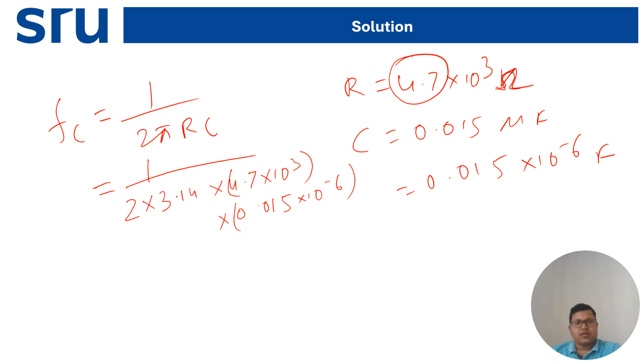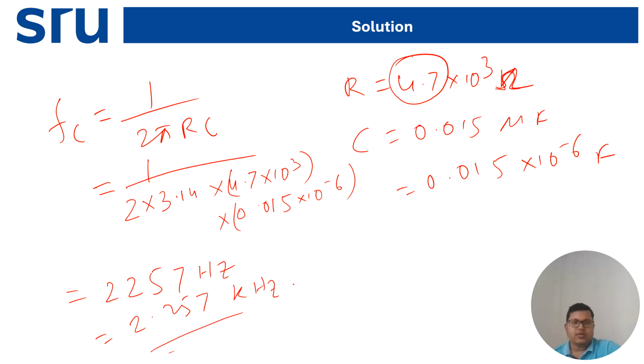If we solve all this, the value will become 2257 hertz, and if you want to convert it, it will become 2.257 kilohertz. So this will be the cutoff frequency of our design.